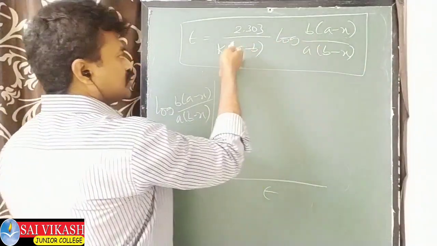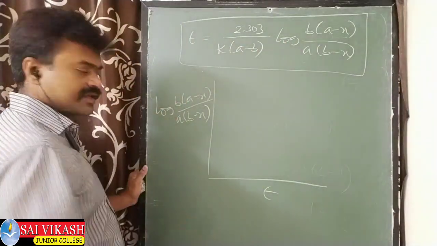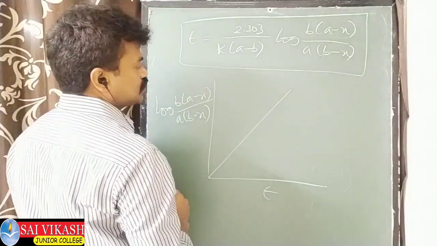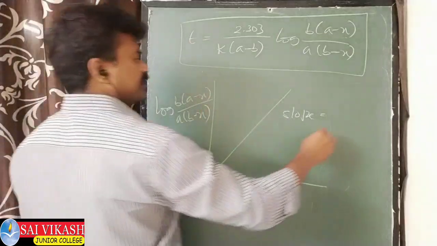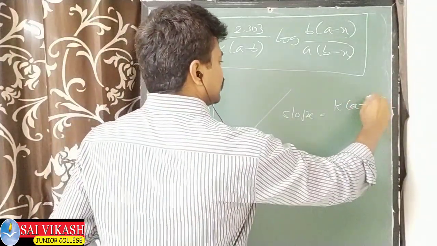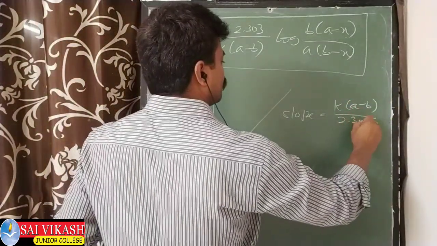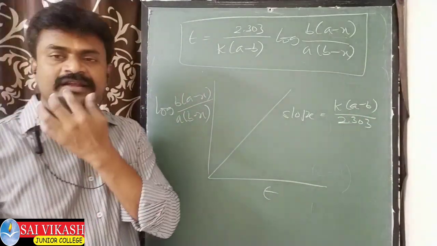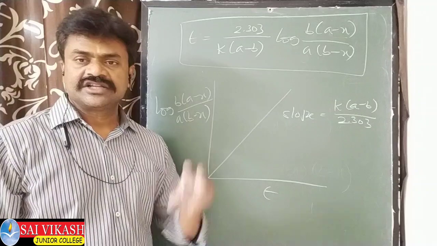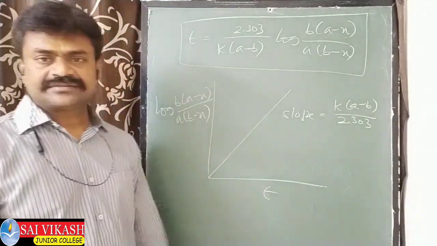So y equal to mx, meaning a straight line passing through the origin. Then what will be the slope? On cross multiplying, k into (a minus b) by 2.303 is the slope for the second order integrated rate equation if both reactants are different.